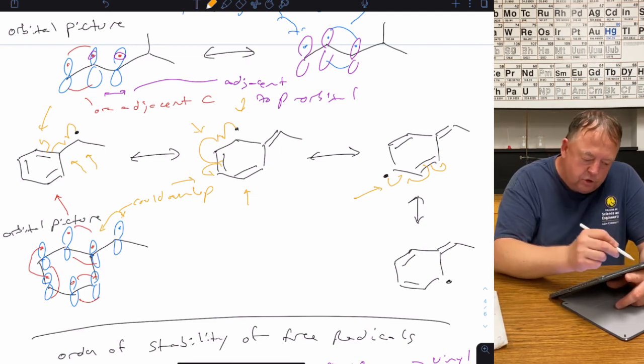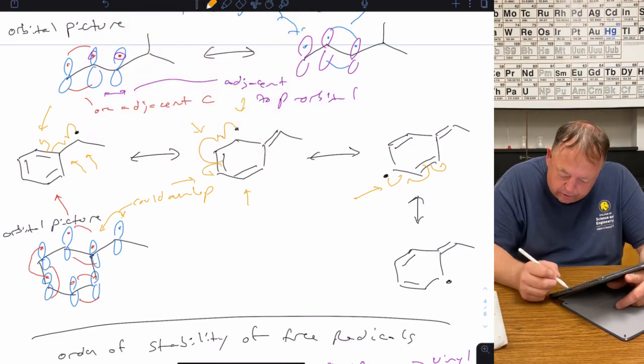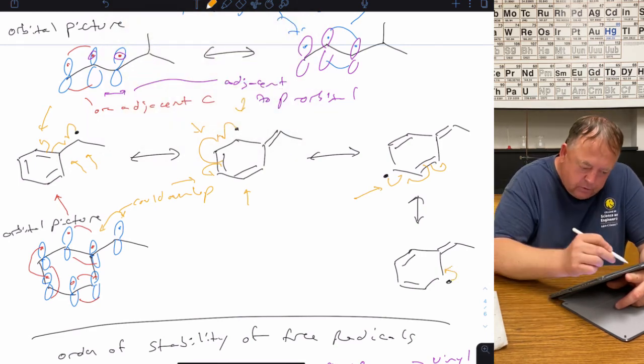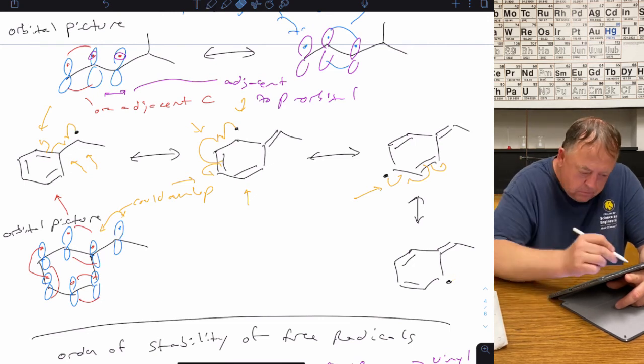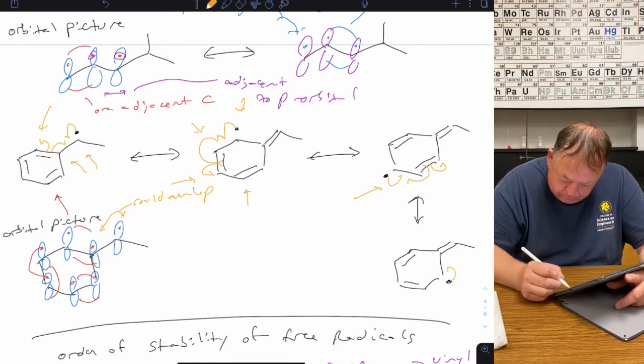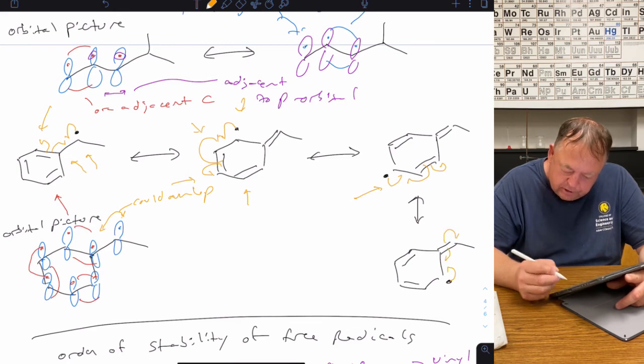So one more resonance structure we could draw. So we can move this down, with a single-headed arrow. We can move one of the pi electrons over, and the other one stays behind.